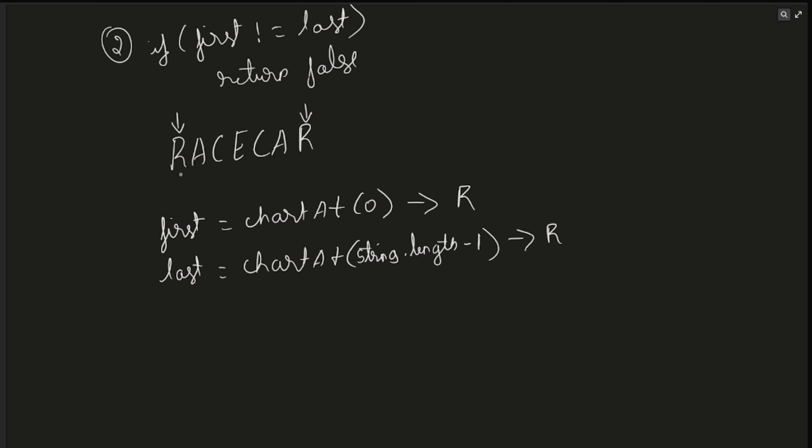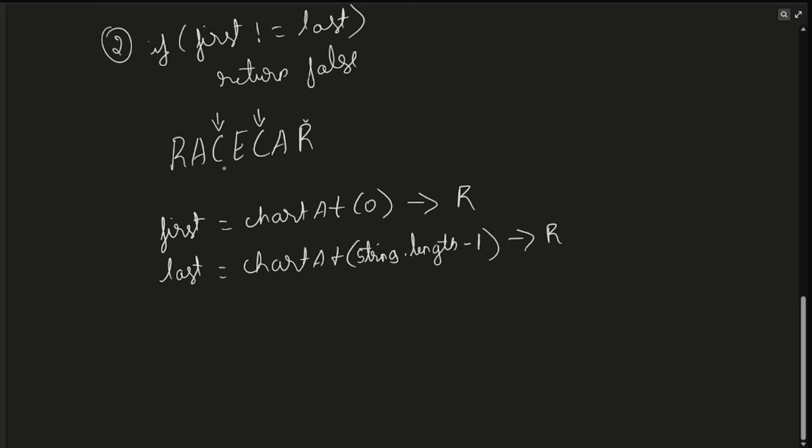The first condition is if they are equal, do nothing. So our pointers will move to next characters. Again, check the same condition, whether first and last are equal or not. In this case, they are equal. Do nothing. Our pointers will move to next characters.